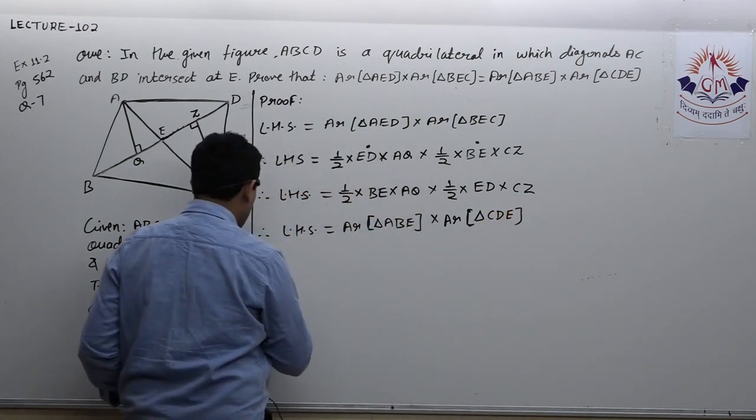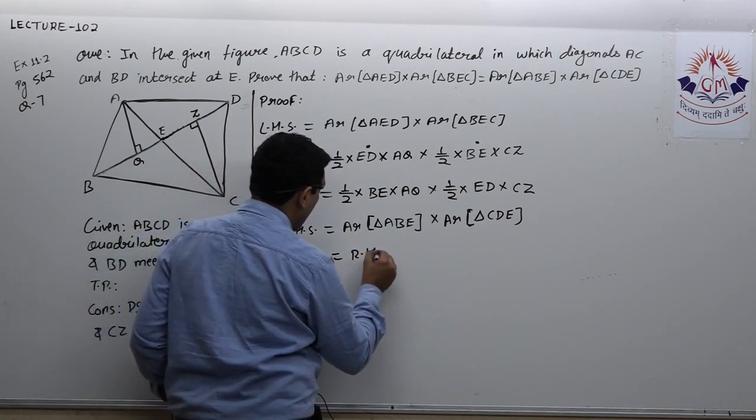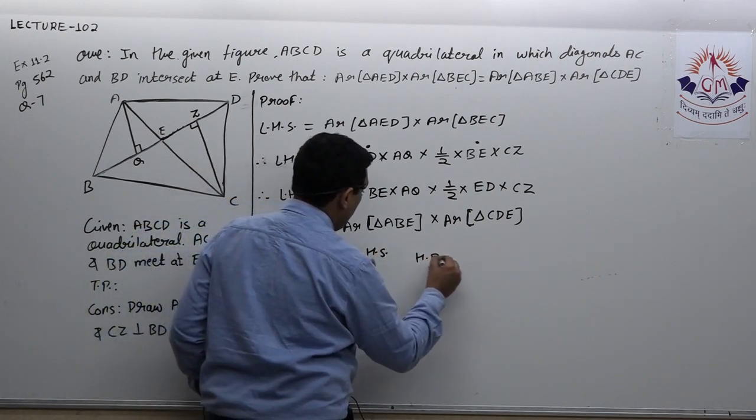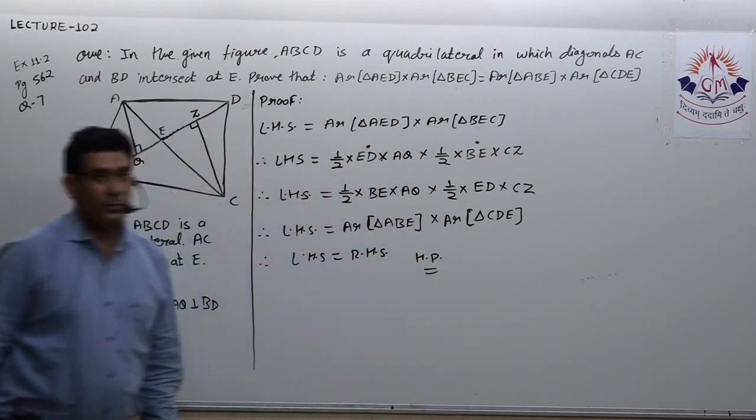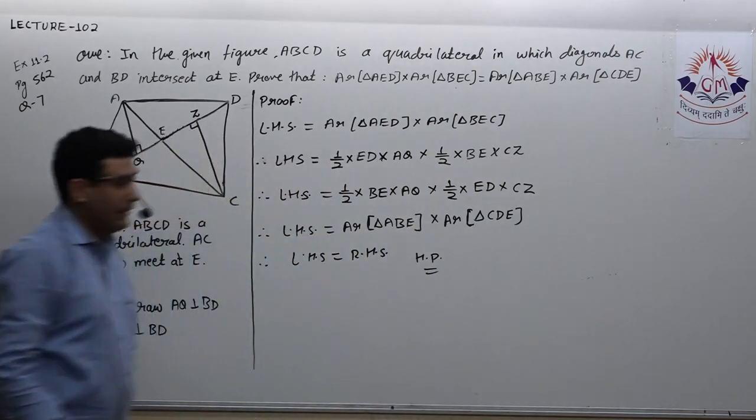So this is actually equal to the RHS. So the left hand side is equal to the RHS. Hence proved. Please note it down. Then we'll see the next question.